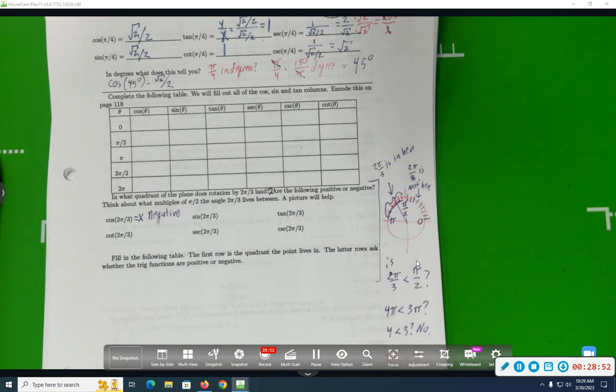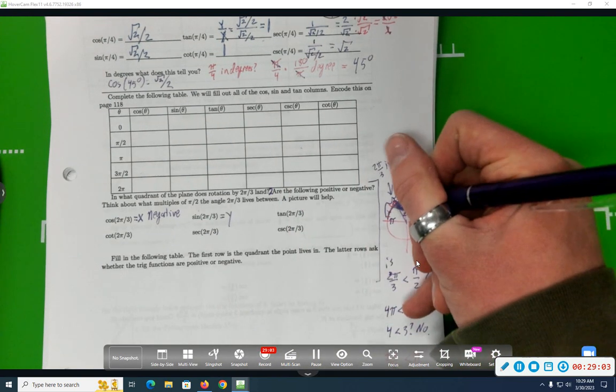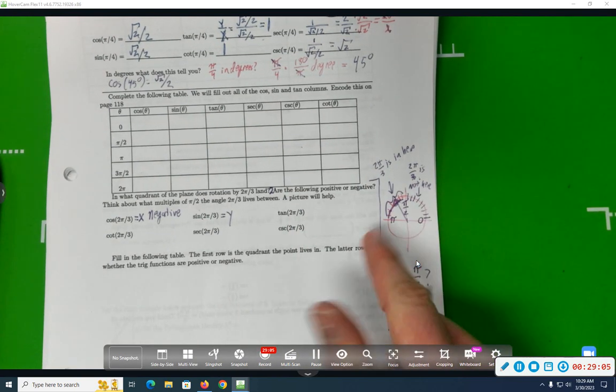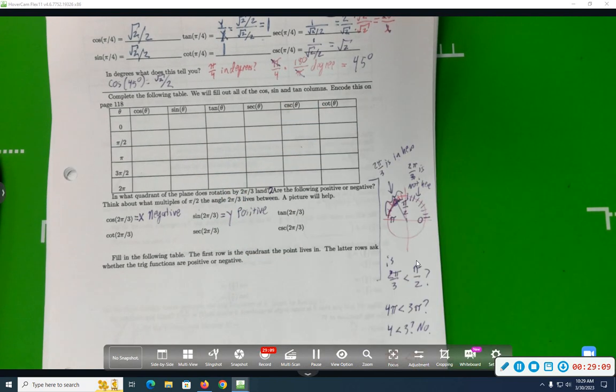What about sine of 2 pi over 3? It'll be positive, because it will be the y value that is above the x-axis. This y value is positive. Tangent? Negative.